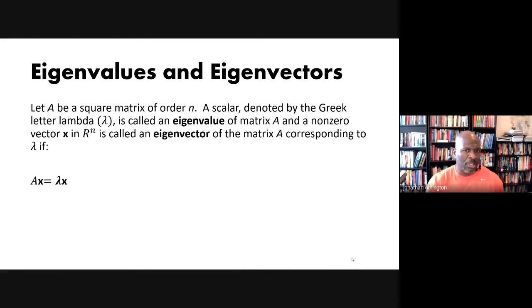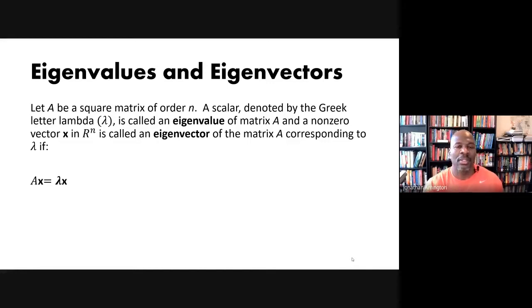Just think about it if X was the zero vector, a column vector with n zeros. Well, A times zero is going to be zero, and therefore there's nothing special about lambda, because lambda could be any number. Any number times zero is going to give you zero. So that's why the vector X has to be a non-zero vector.